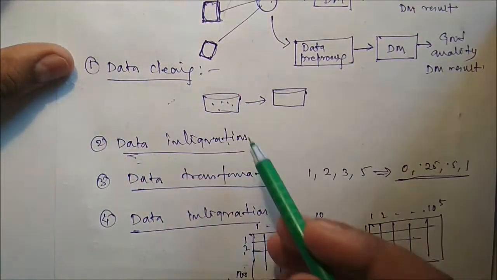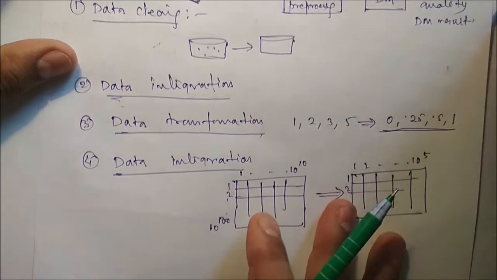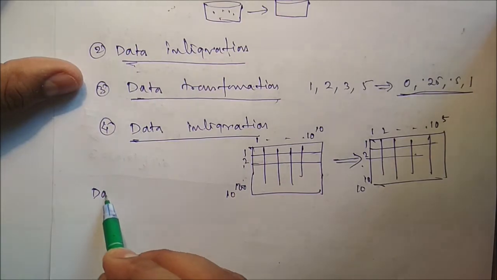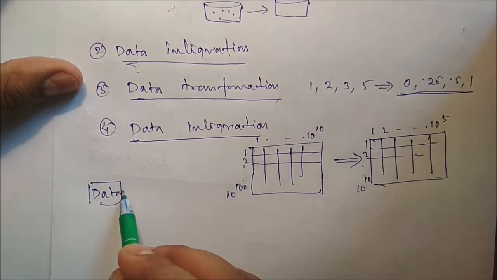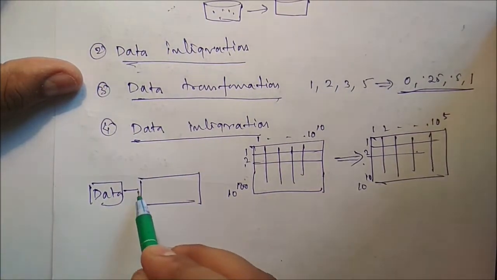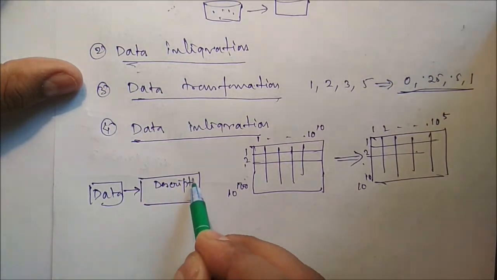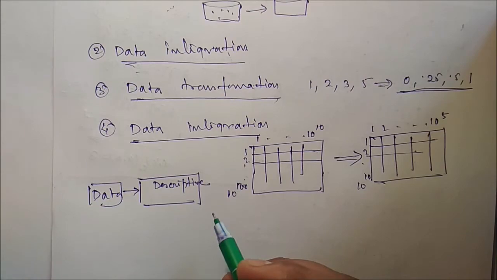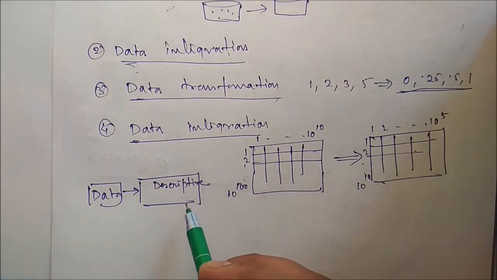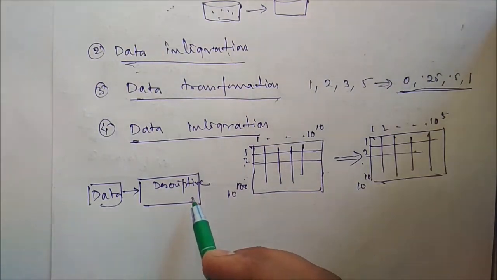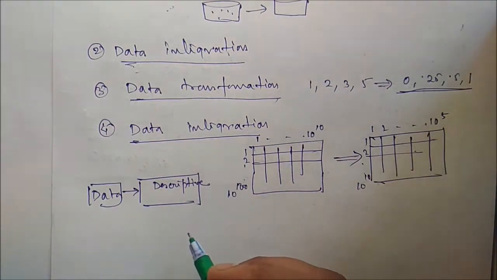Before applying any of the techniques, first of all, this is our data, then we have to use descriptive statistics to identify noise, outliers, or to understand the data. After that we may apply the other parts.